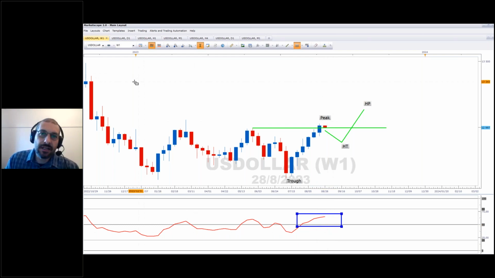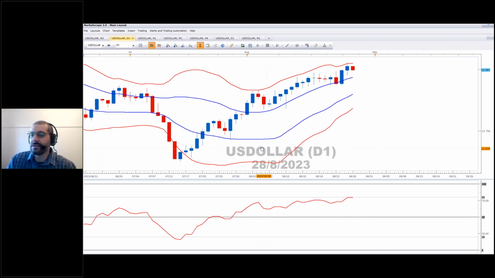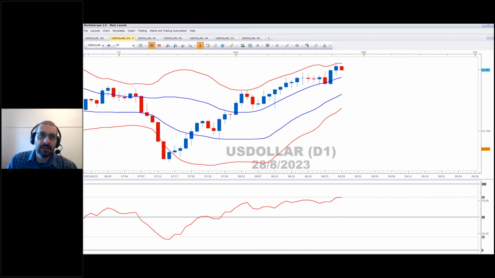Okay, let's go down to the daily chart now. So we've got a new peak here. Okay, new peak here. What's the daily chart telling us? Let's just go down one. Okay, let's take a look at the zone analysis. This is interesting.